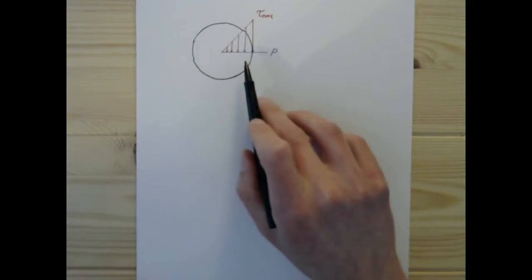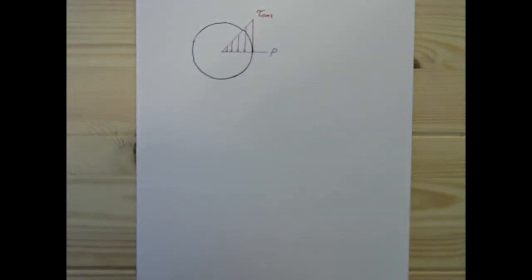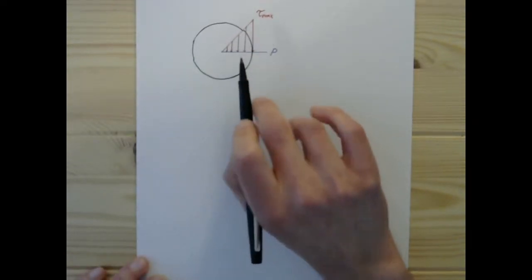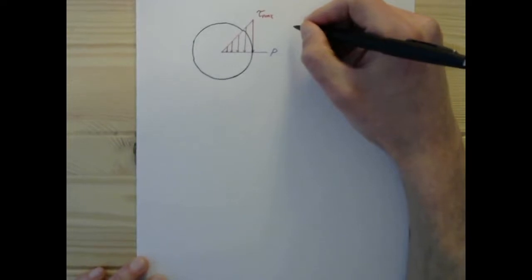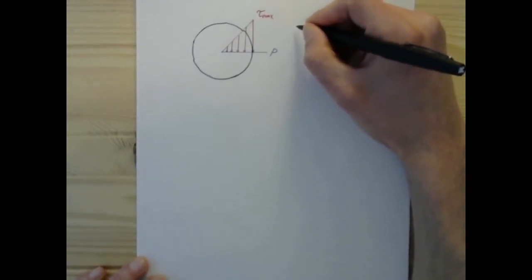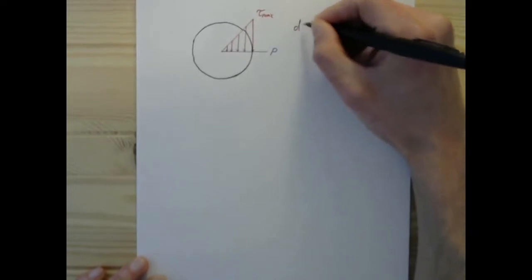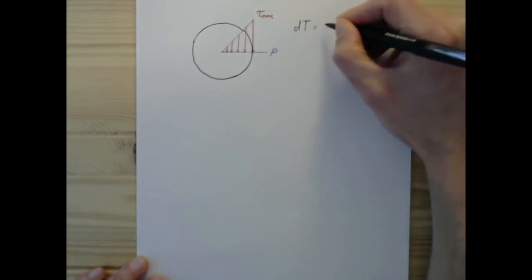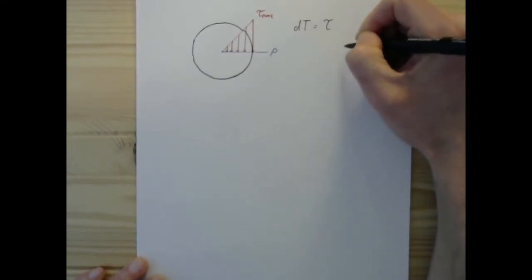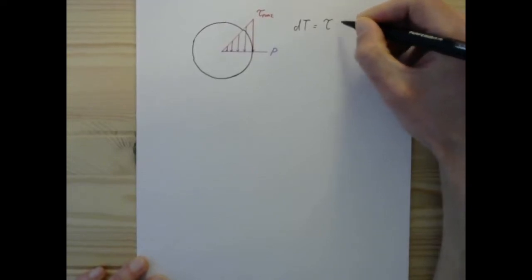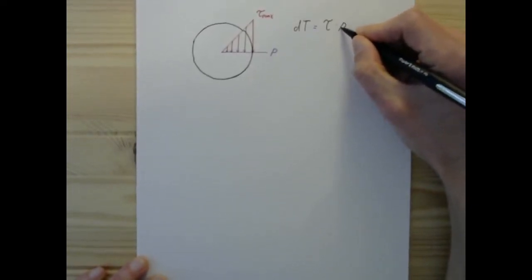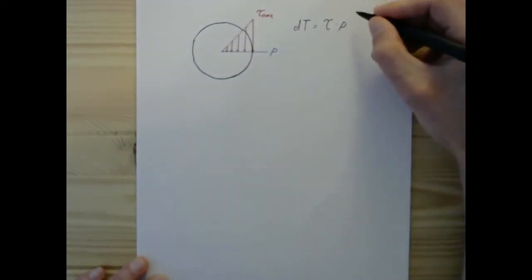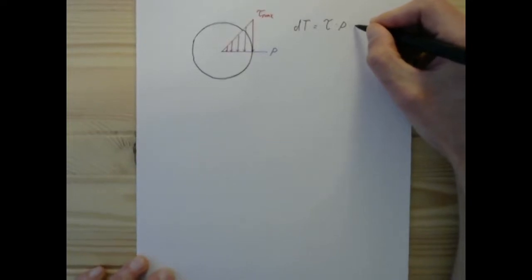Now, from this distribution of stress, we can obtain the moment induced by an element under this stress distribution. The torsion caused by that element, dT, is going to be equal to the shear stress the element's under times the distance from the centroid times the area of the element.